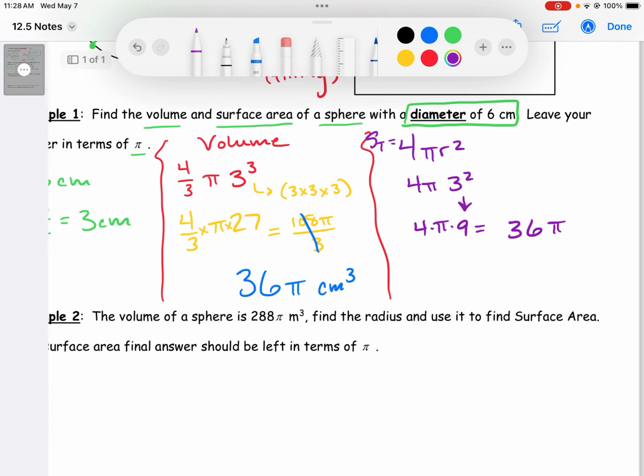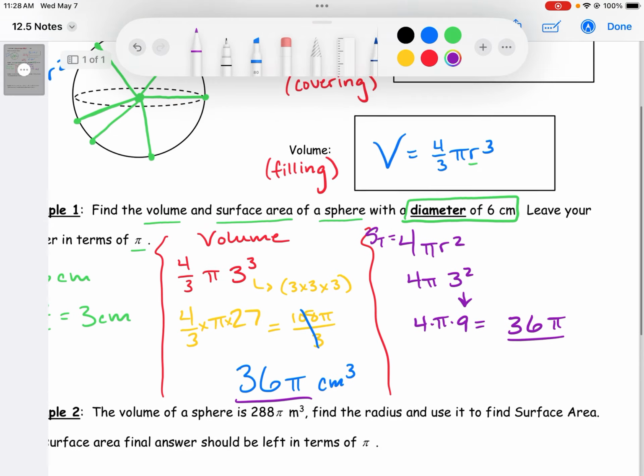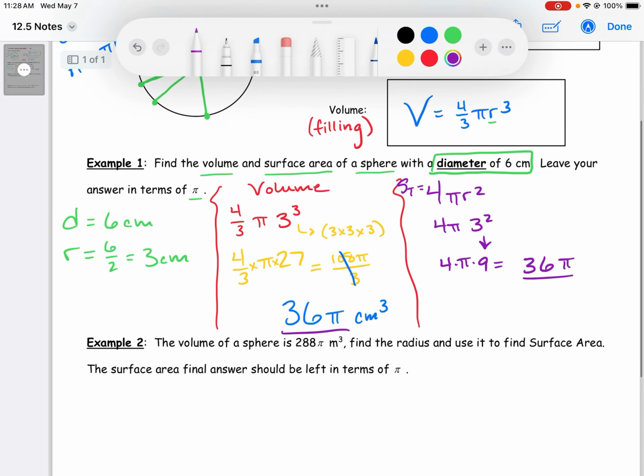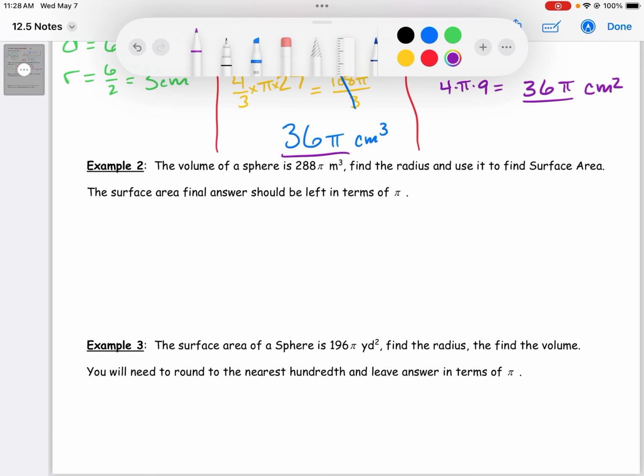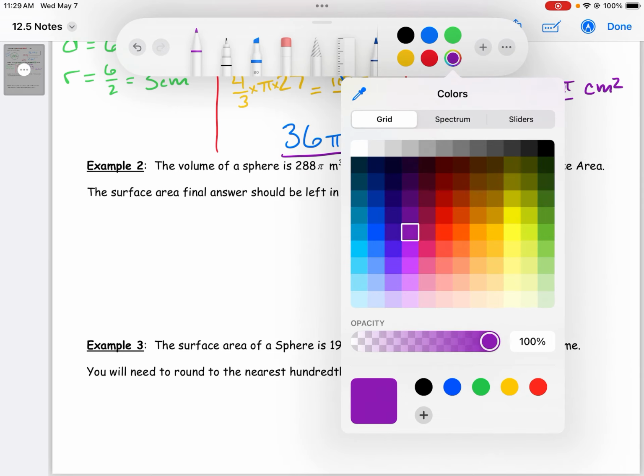And you have 4 times 9 times pi, and that gives you 36 pi. Now the difference between this 36 pi and this 36 pi is that this one is an area, so it's going to be square centimeters, and this one is a volume, so it will be cubic centimeters.